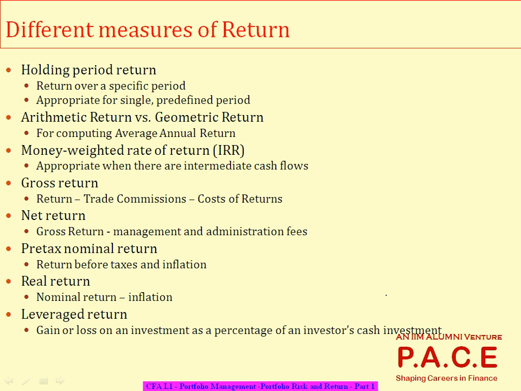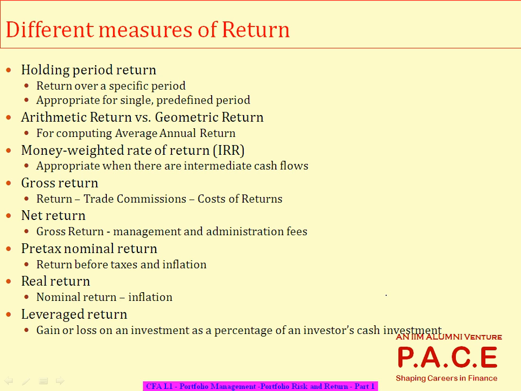Especially if my investment is for less than 1 year, arithmetic mean is more appropriate. Investment is for more than 1 year, a CAGR, which is a geometric mean, is more appropriate. And if I have multiple cash flows in the middle, the IRR, which is the money weighted rate of return, will be more appropriate. Right?